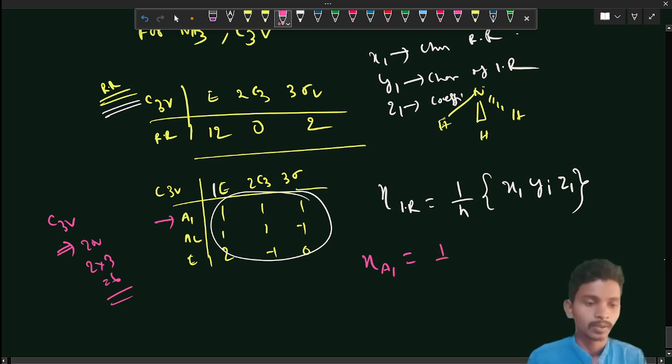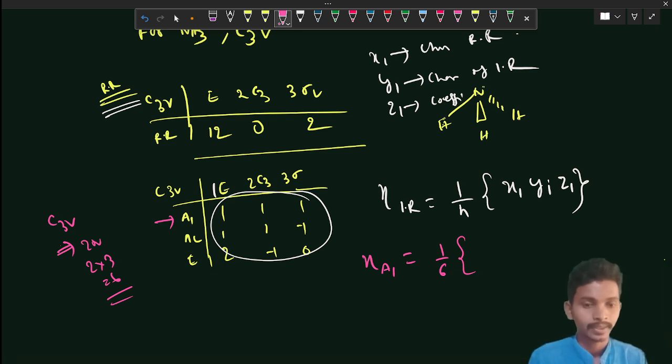So here 1 upon 6, and Xi, the reducible representation, is 12 for E, multiplied by the irreducible representation 1 for E, with coefficient 1.